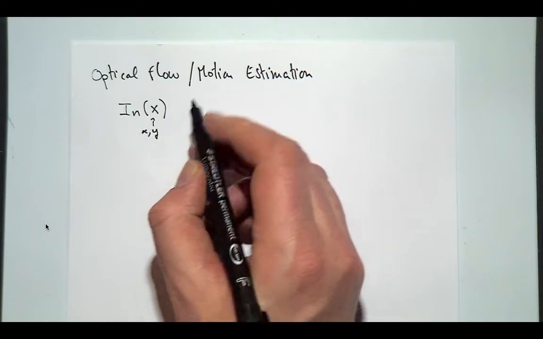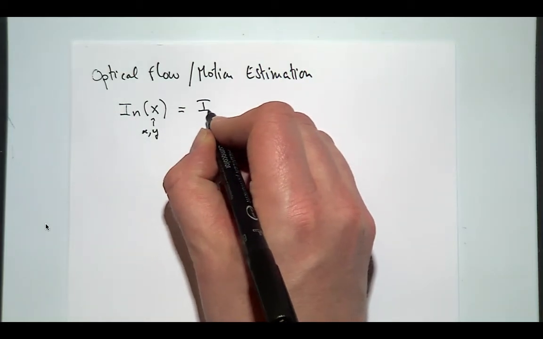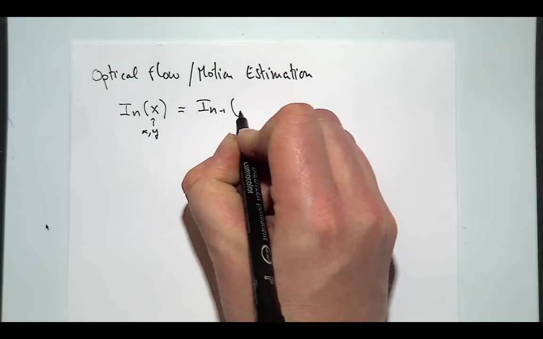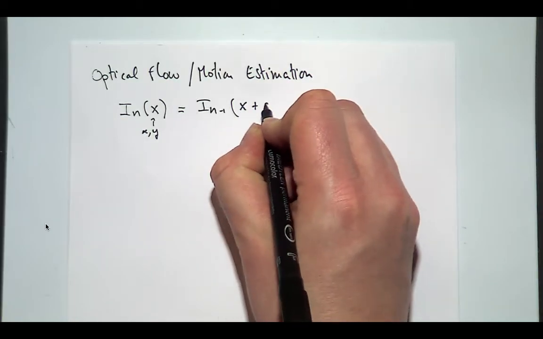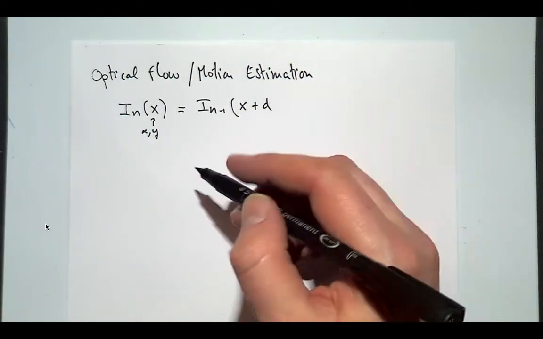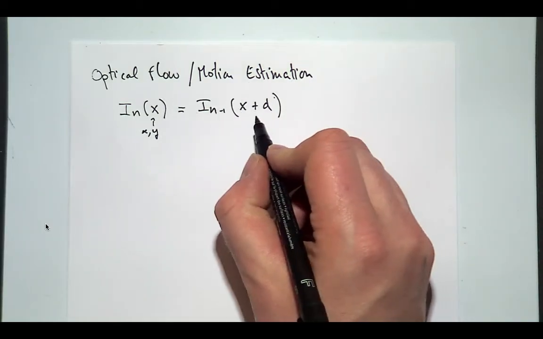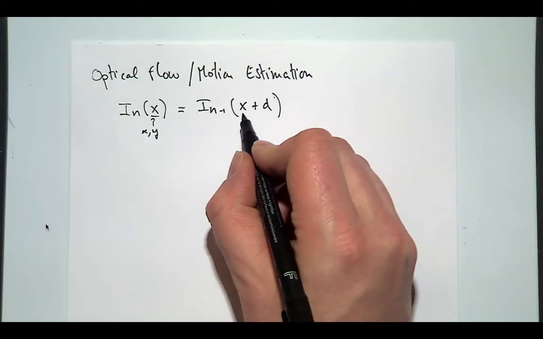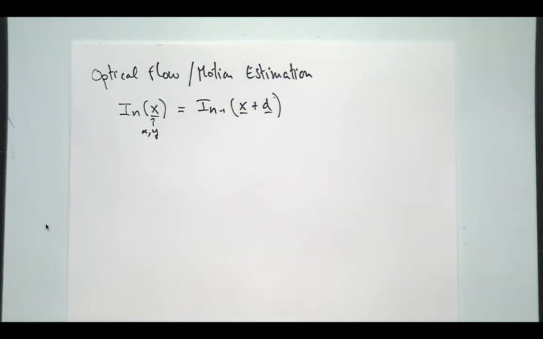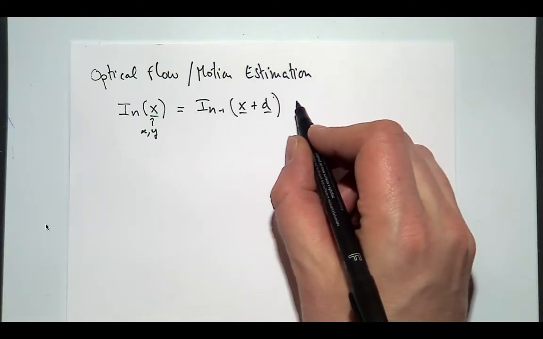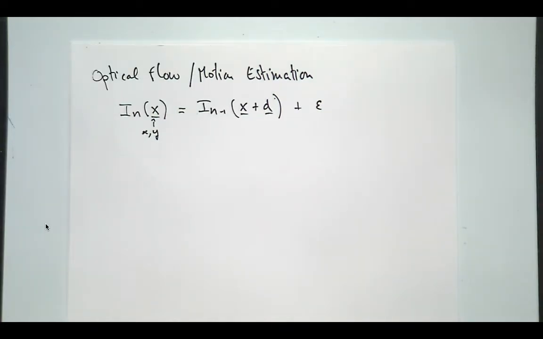This pixel intensity is the same as the pixel intensity in the previous frame, but with some displacement. I'll put an underscore to make sure we realize we're talking about vectors. That's the general equation, and we say you need to add some noise to some extent. So that's the equation we have.